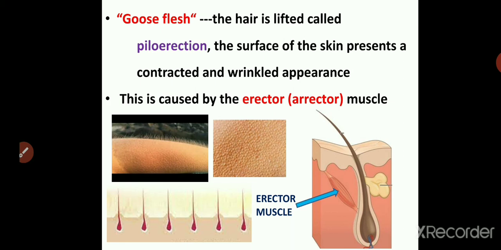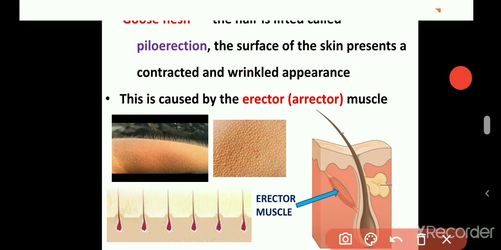And if you see the base of the skin, can you see the projections shown? Can you see where the hair is stretched out from the skin? See, all those regions are pulled out. So you can see in this diagram also, like small projections. That is termed as goose flesh.